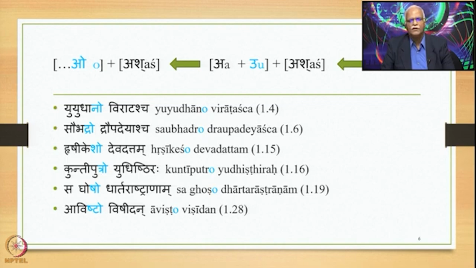And if you want to write it separately, independently, you will write Avishtah, which is 1/1 of Avishta. And you will find once again plenty of examples of this kind scattered almost everywhere in the Srimad Bhagavad Gita and also everywhere in Sanskrit.